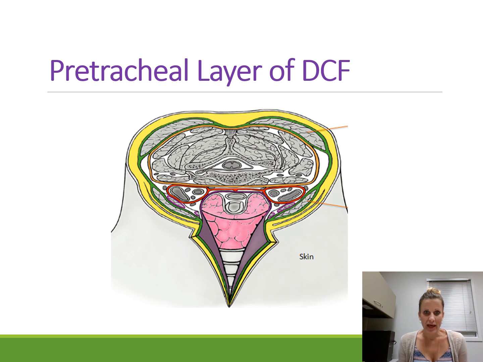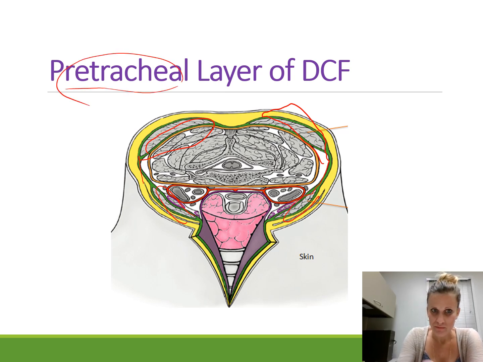So here you can see that. In green, you see the investing layer that we just looked at before, right? So in green here, this is the investing layer that surrounds the muscles in the four corners. In purple, you see the pretracheal layer.